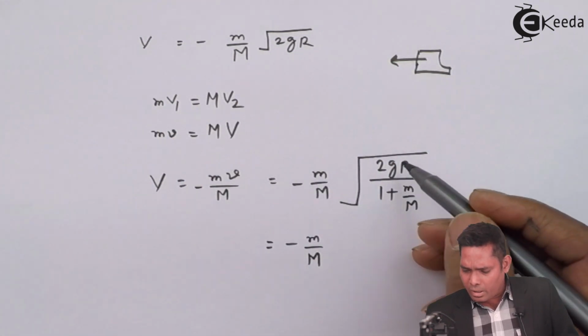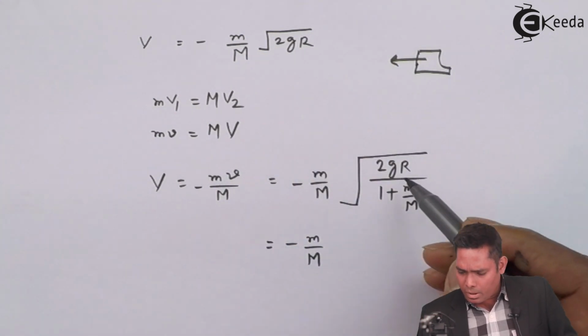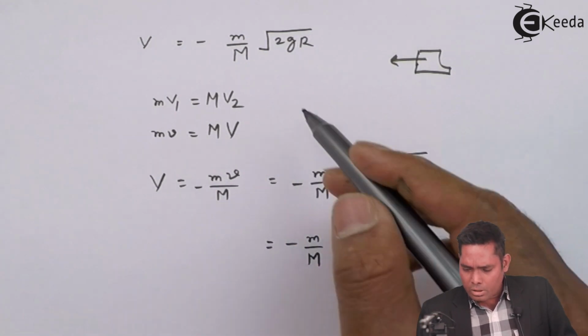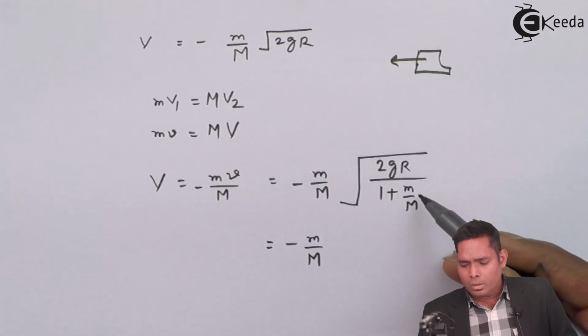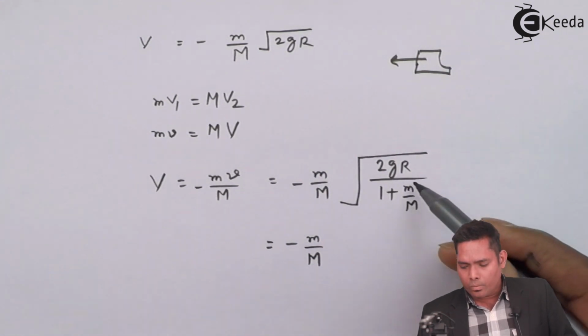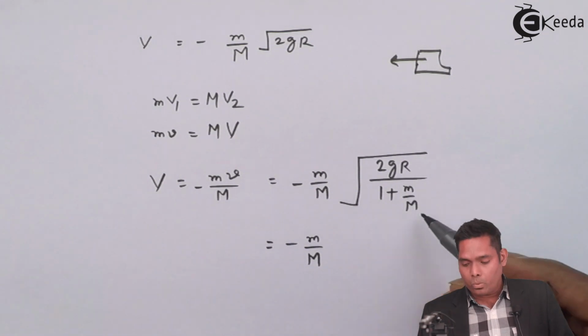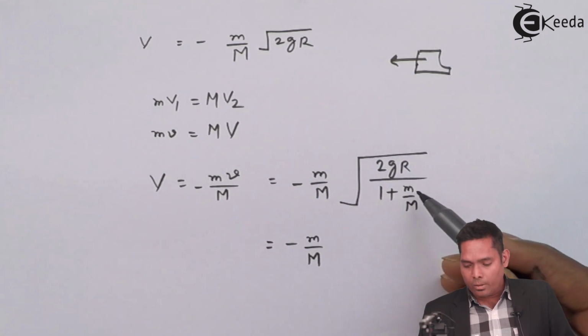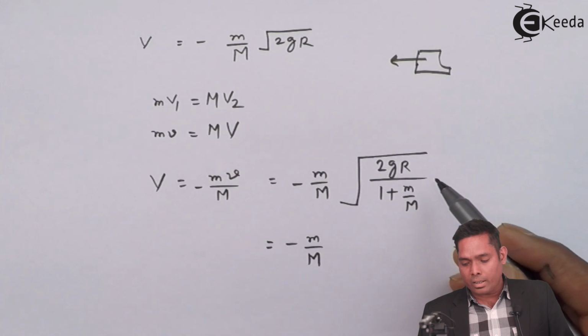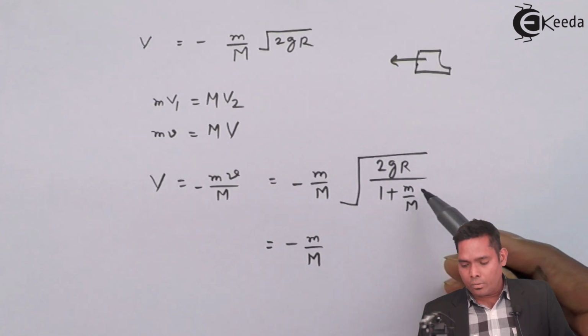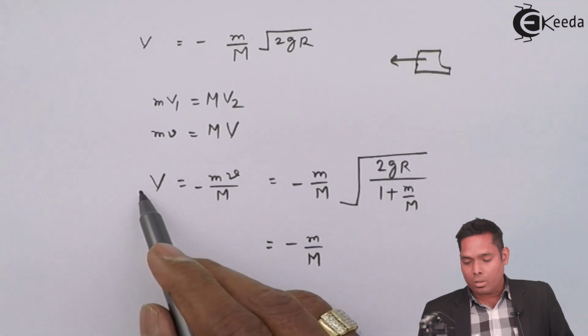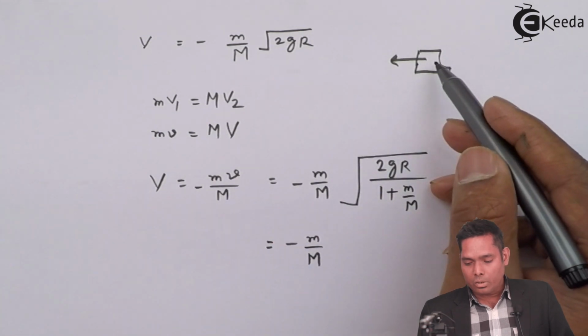I don't think in any way this will match, because to match, this has to be 1 and this has to be 0, and this can never be 0. So therefore this is the actual answer for the velocity of the capital block, not this one.